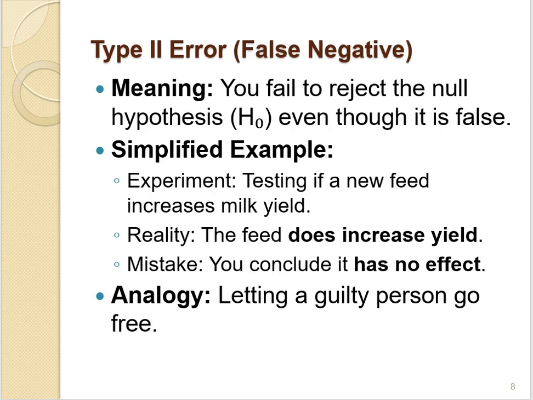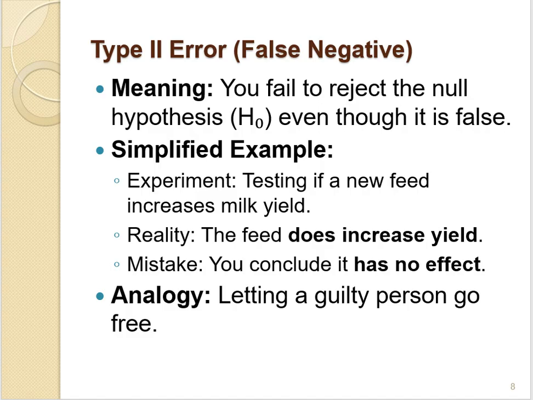So person was innocent, but we convicted him. And what is a type 2 error? It is called false negative. We fail to reject null hypothesis even though it is false. So simplified example is, for example, we are testing if a new feed increases milk yield. In reality, the feed does increase milk yield, but mistakenly we concluded it has no effect. So its analogy is letting a guilty person go free.